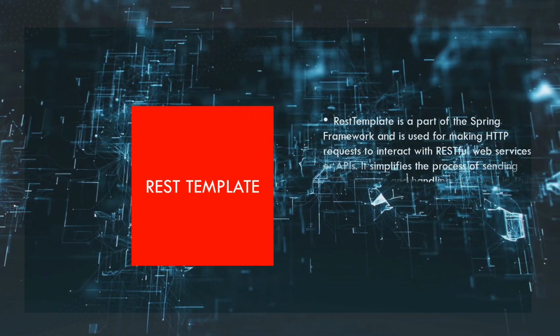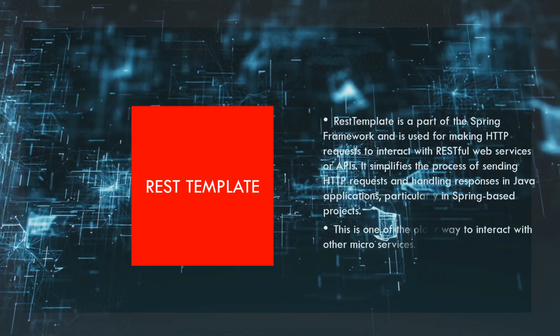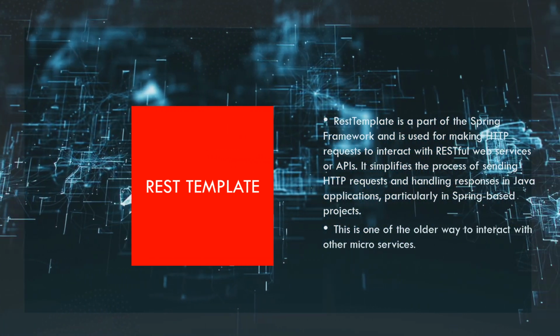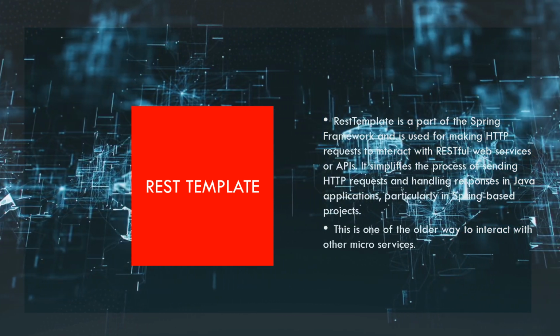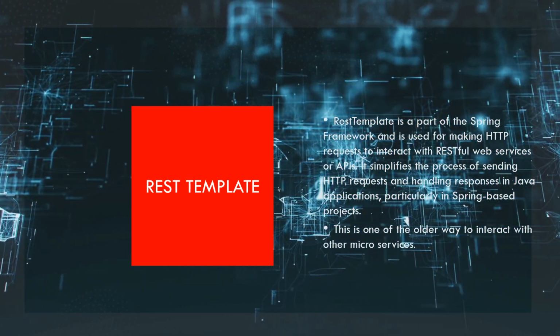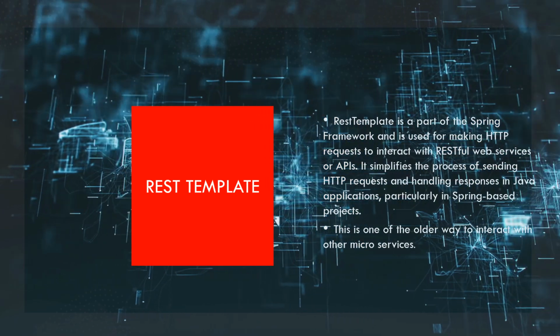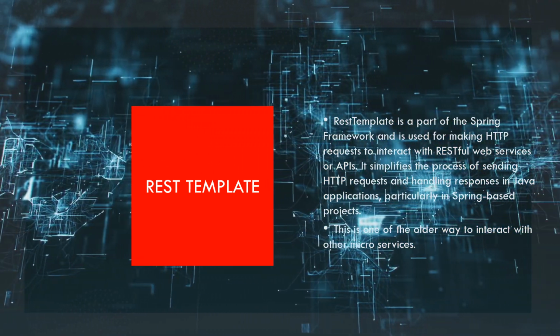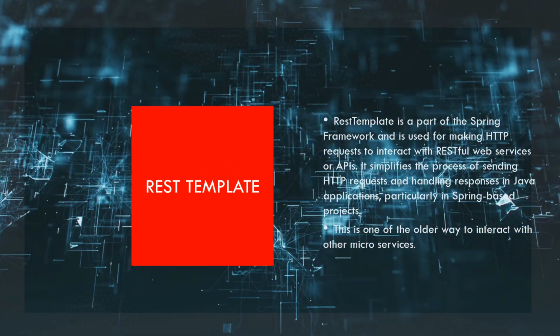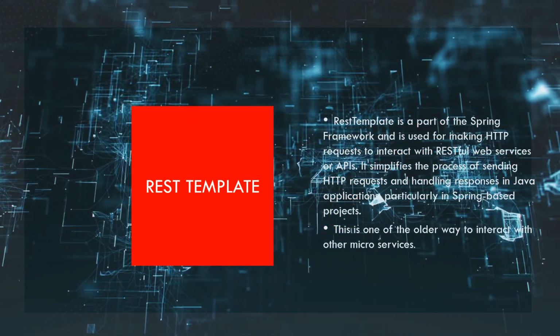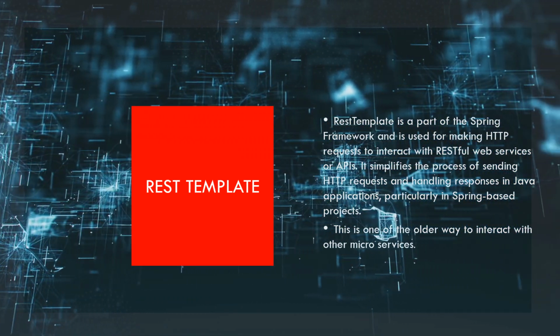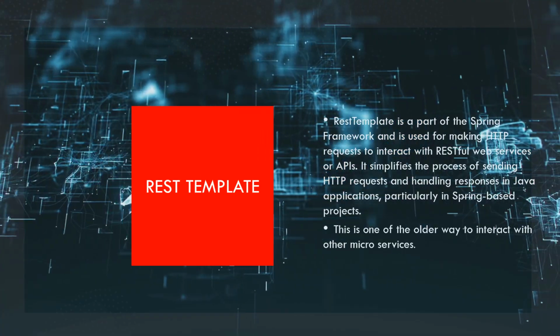RestTemplate is a part of the Spring Framework and used for making HTTP requests to interact with RESTful web services or APIs. It simplifies the process of sending HTTP requests and handles responses in Java applications, particularly in Spring-based projects. This is one of the older ways to interact with other microservices.